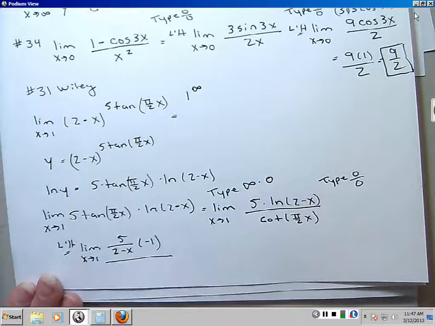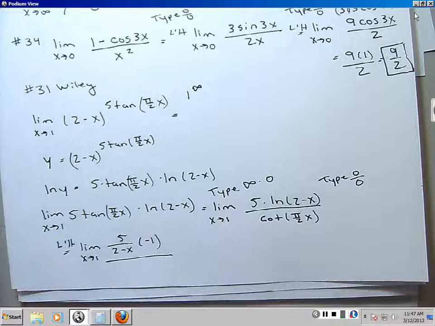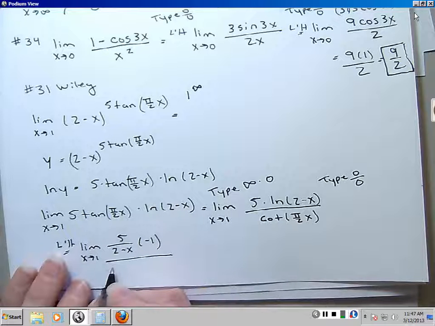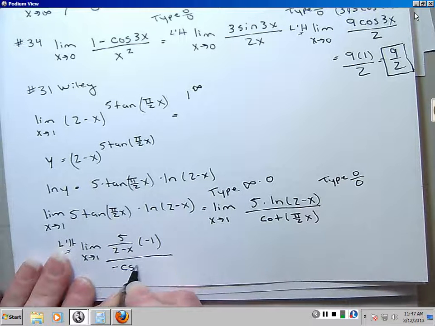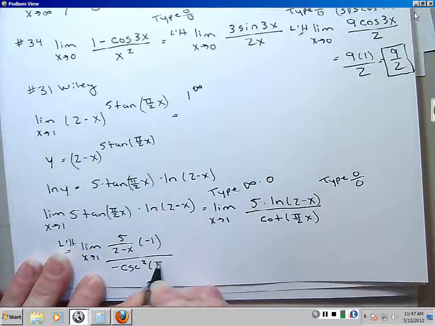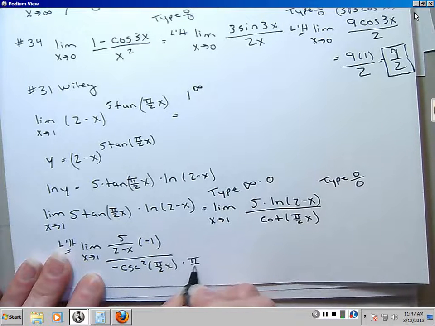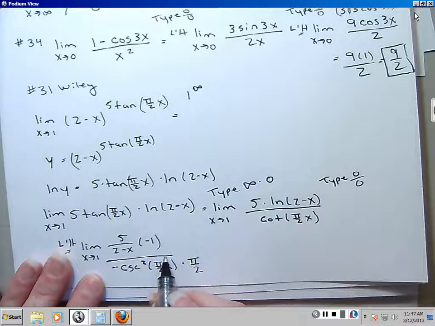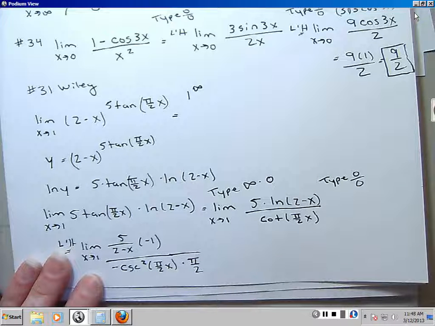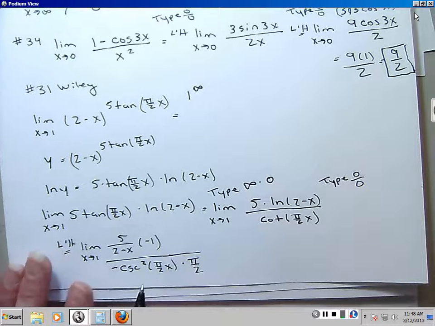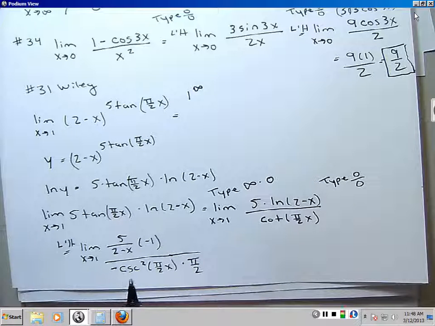Minus, what's the derivative of cotangent of pi over 2x? Minus cosecant squared of pi over 2x times pi over 2, right? So what is cosecant of pi over 2? 1?